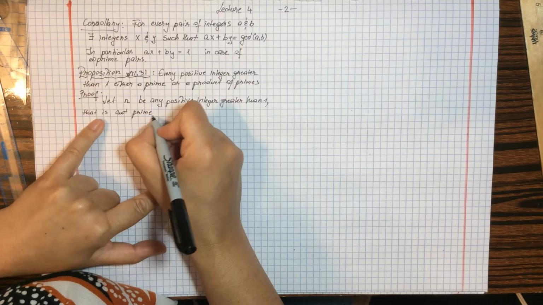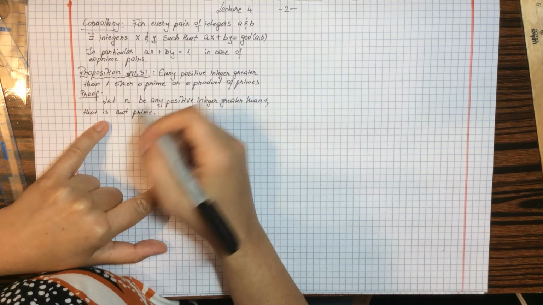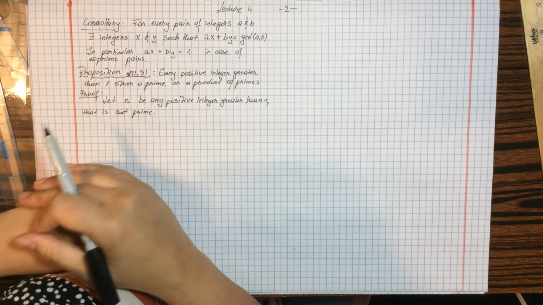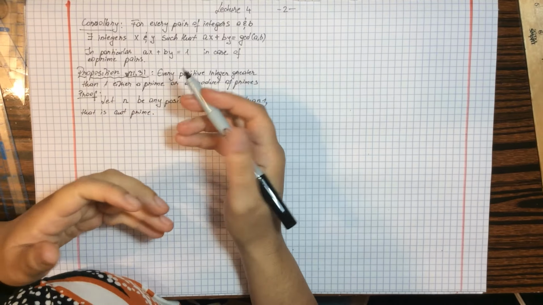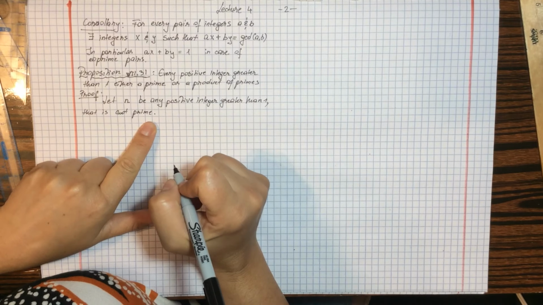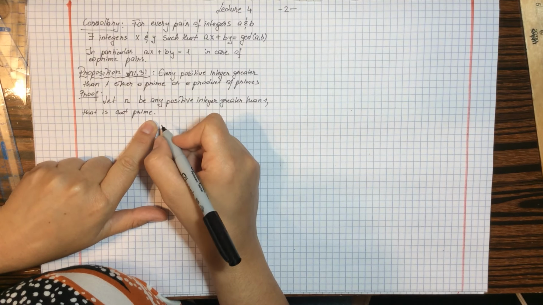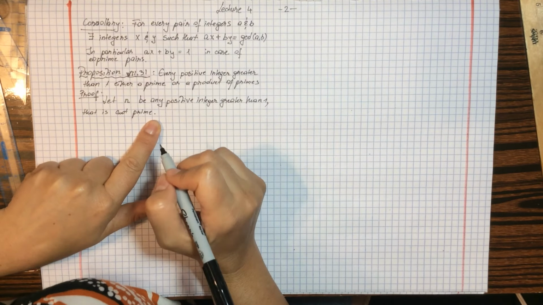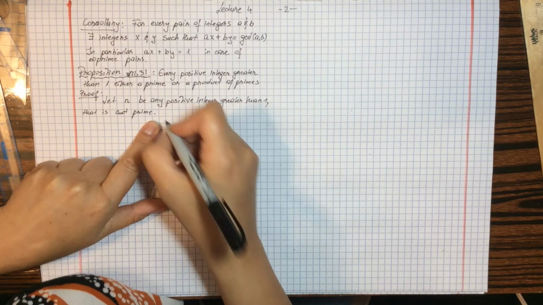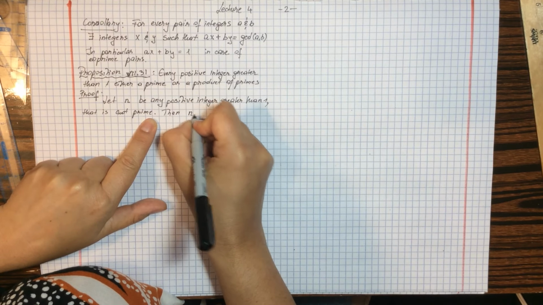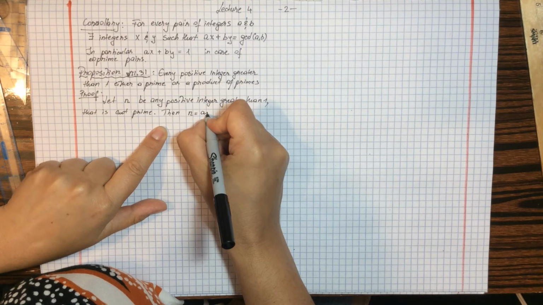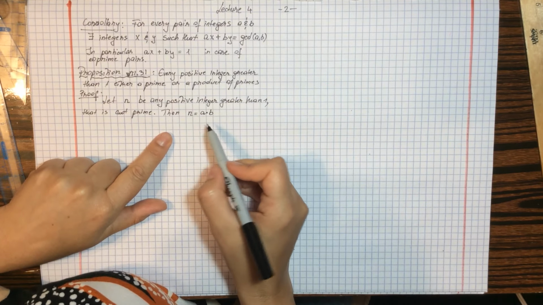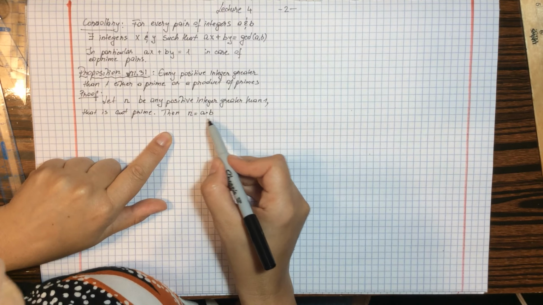So we have an integer that is not a prime. If it's not a prime, as I said before, then it must be composite, meaning it must have other factors other than itself and 1. So in that case, you should be able to write the number n as the product of its factors. So let's say then, n must be equal to a times b. By the way, there is no special reason why I'm just writing these two factors.